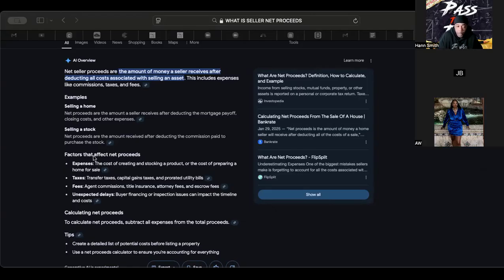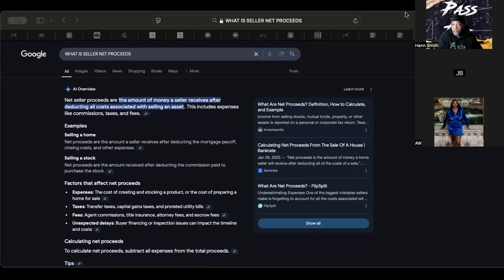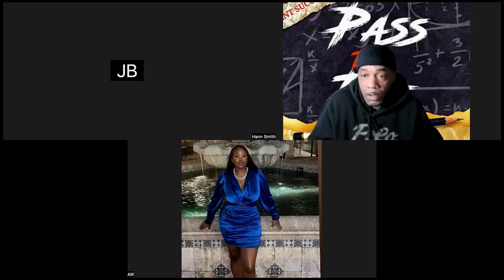So what's part of seller's net proceeds? These are the factors that factor into seller's net proceeds. Expenses, the cost of... I'm sorry, I don't want to look at that right there. Let me just go straight to the book here. I'm going to go straight to our manual, our Ohio real estate manual.